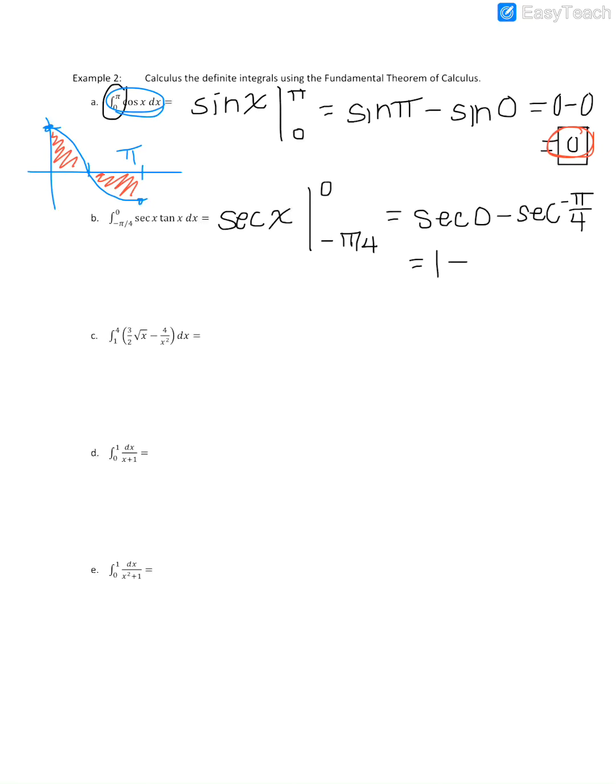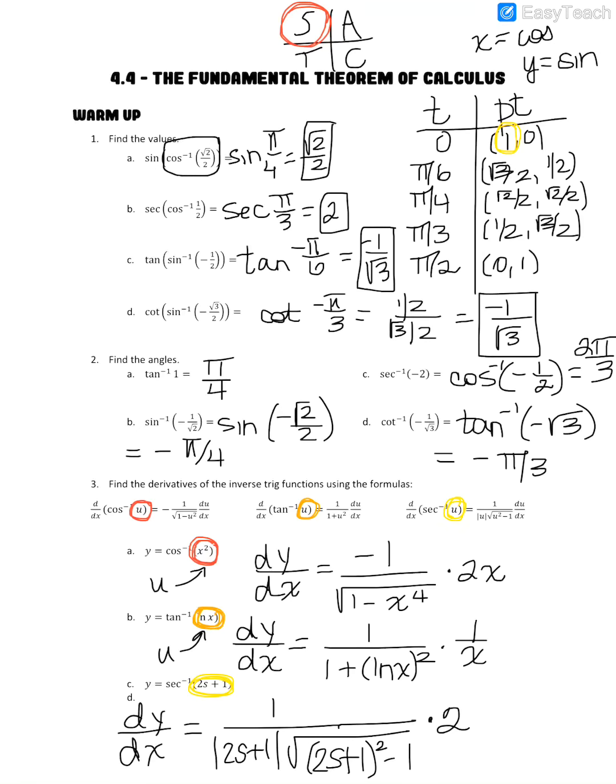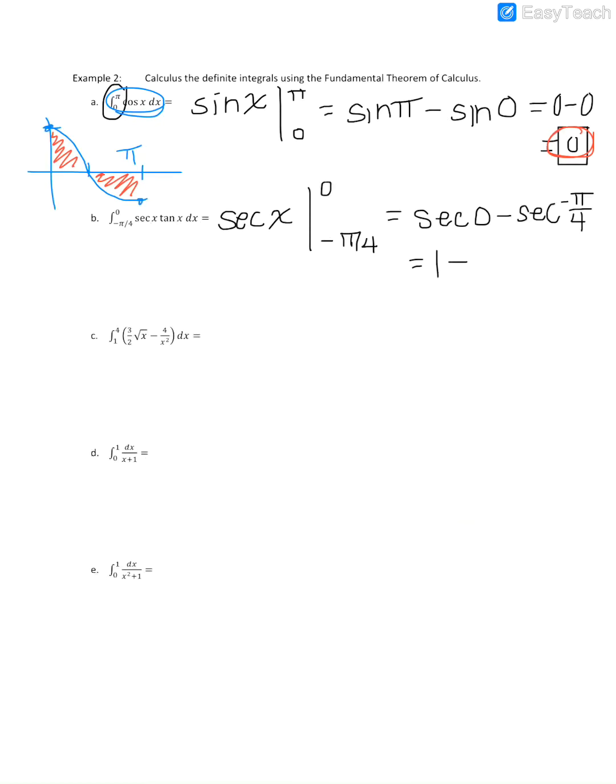Okay, minus, and then I have the secant of -pi/4. Okay, so let's look at that. Secant of pi/4, okay, here's the cosine of pi/4, and then the secant would just be the reciprocal of it. Okay, so 2 over radical 2.